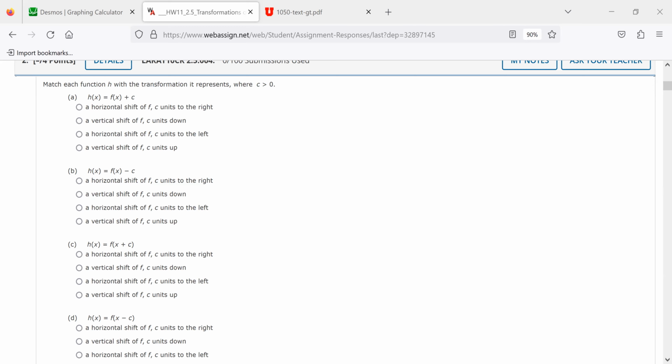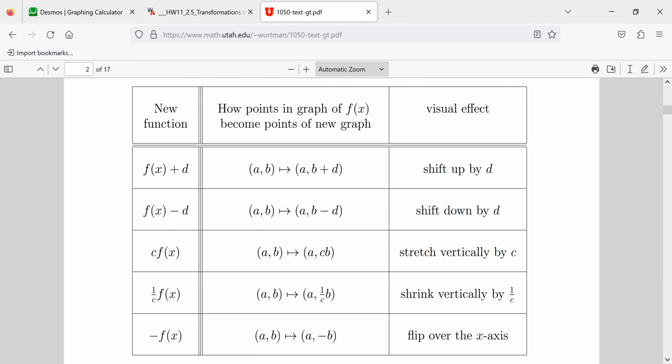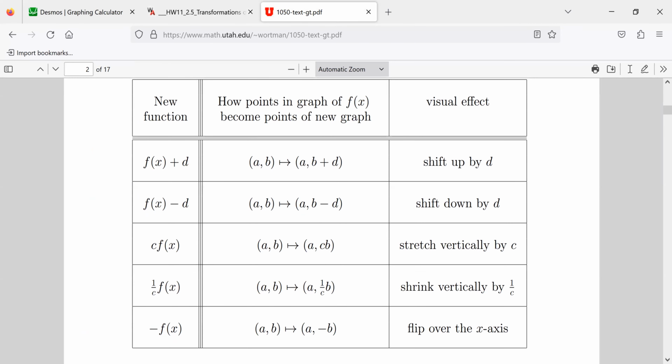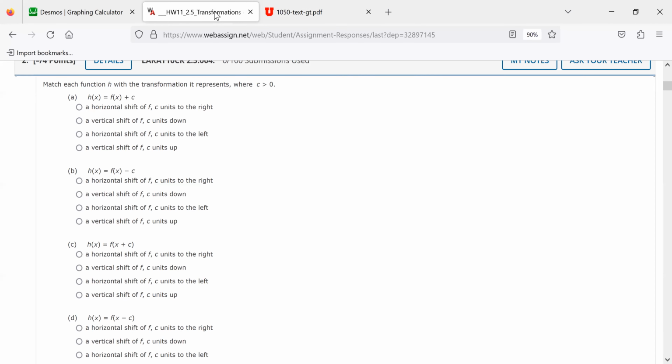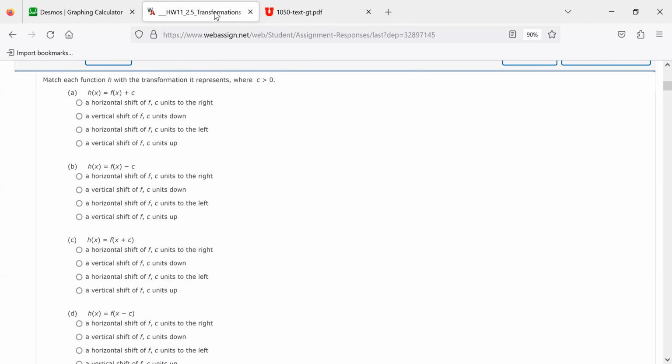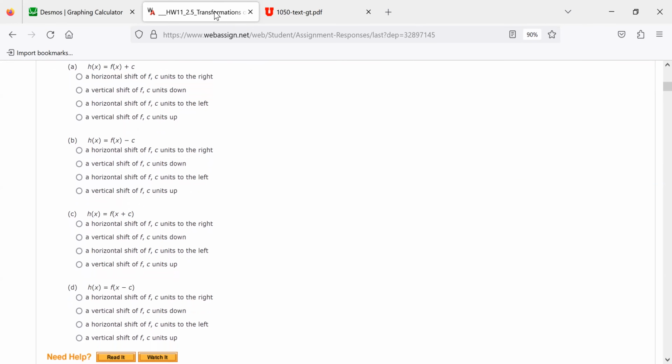Look at the sheet. If it's outside, it is shifted upward by that number. So shifted up c units. If it's negative, well, you're shifted down c units.